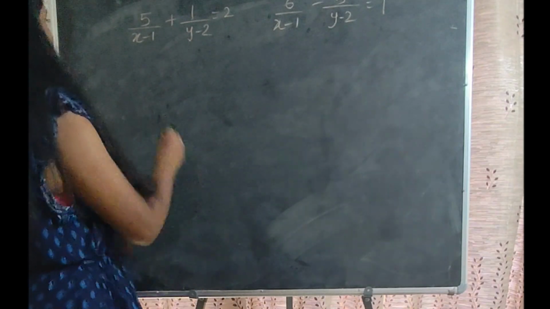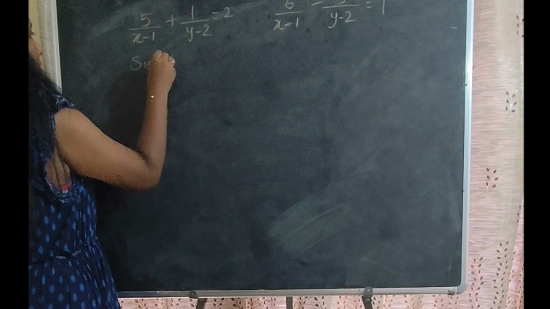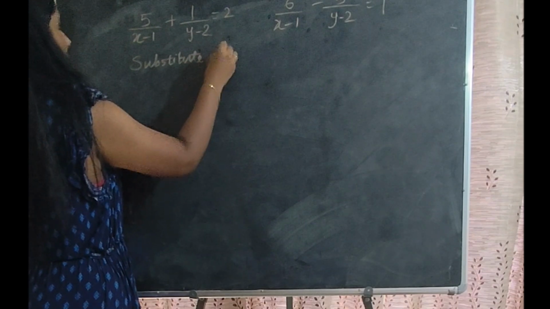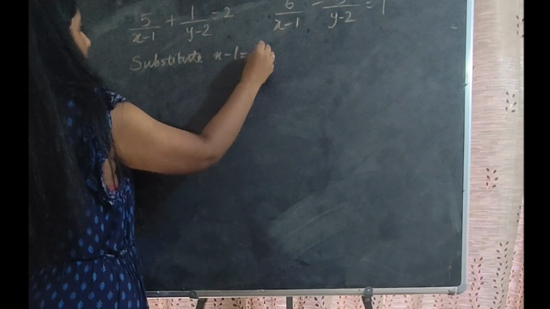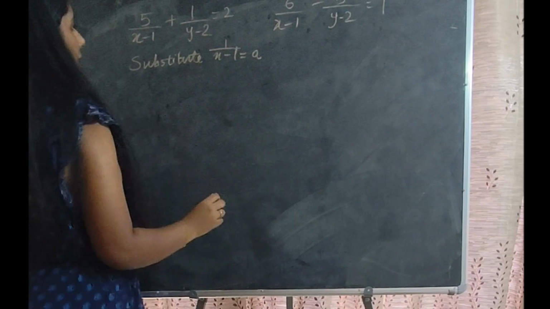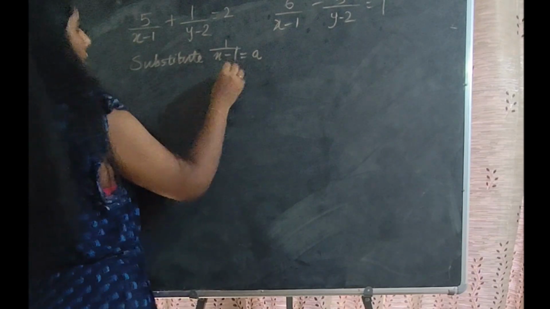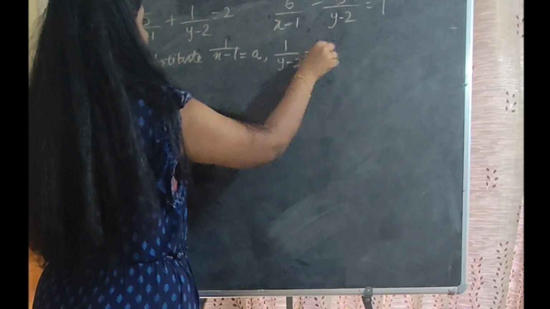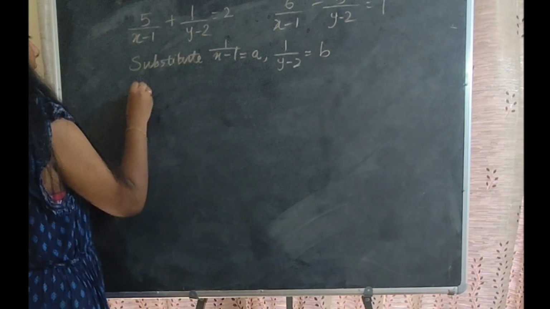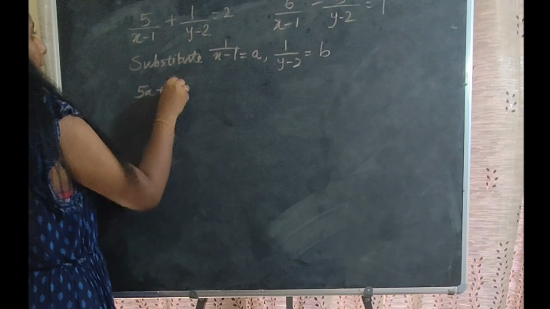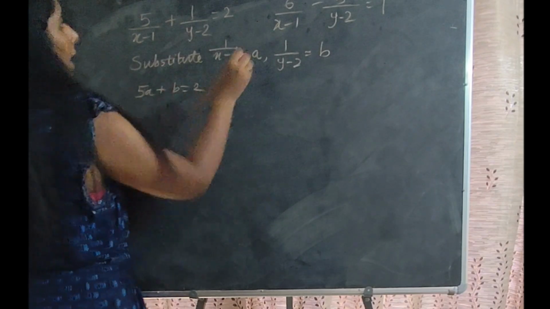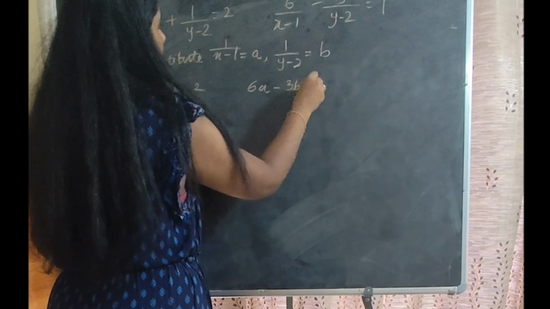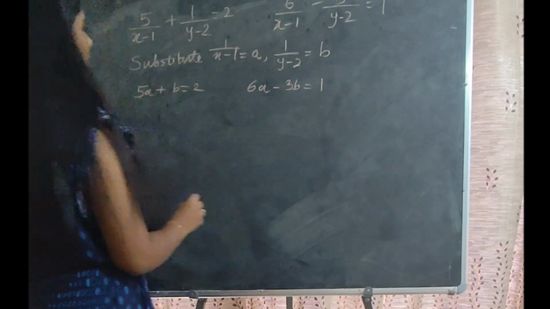So now we will substitute 1 upon x minus 1 as a, and 1 upon y minus 2 as b. So here you will get 5a plus b is equal to 2, and this will be 6a minus 3b is equal to 1.